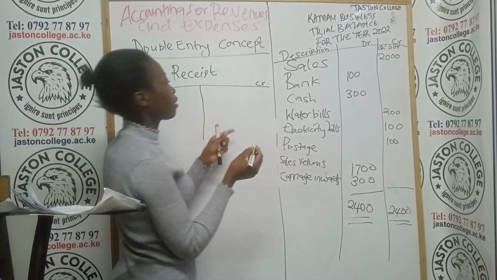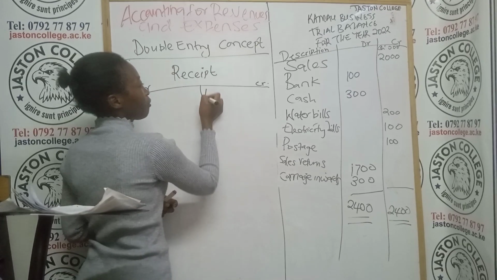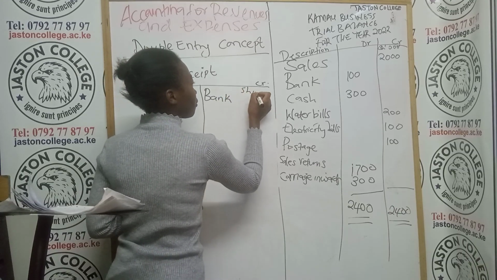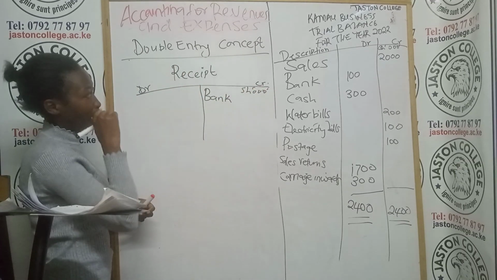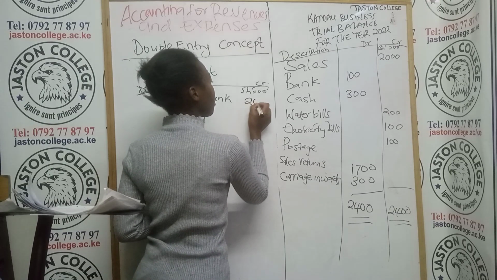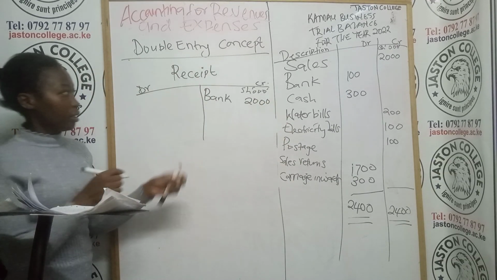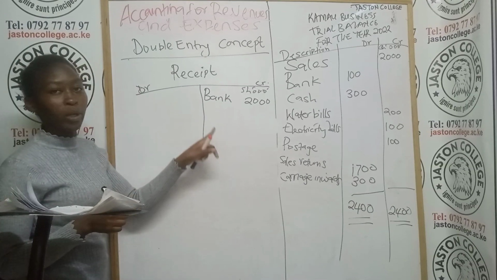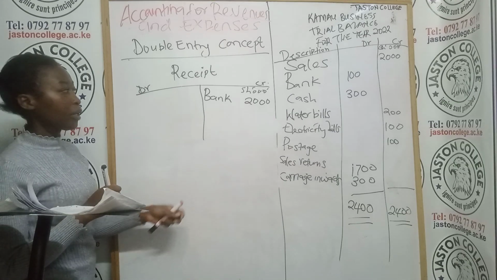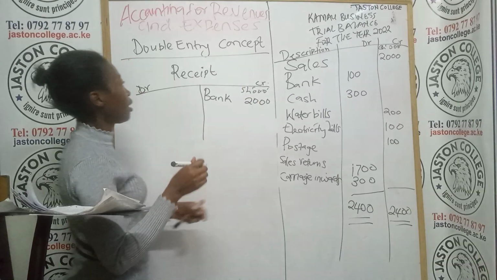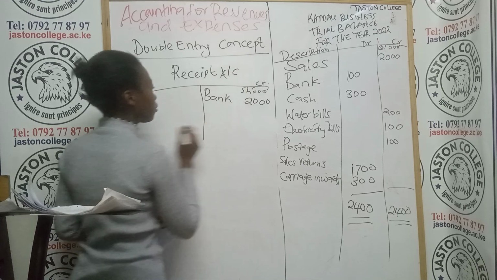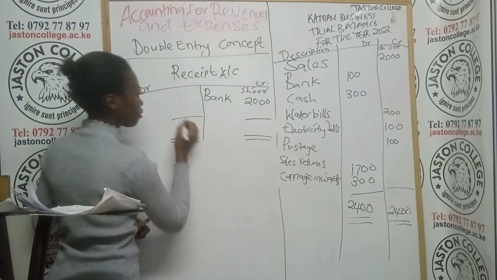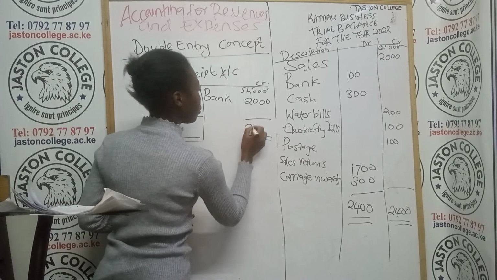So for now, our customers paid us through the bank, and they paid us, let's say, 2 million. Yeah, they paid us 2 million through the bank. So let's close the account. 2000.